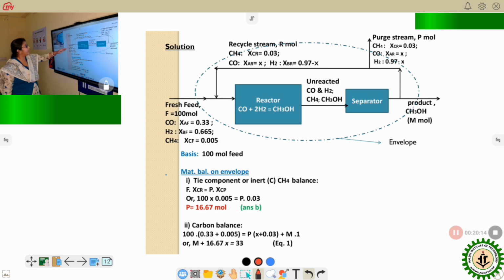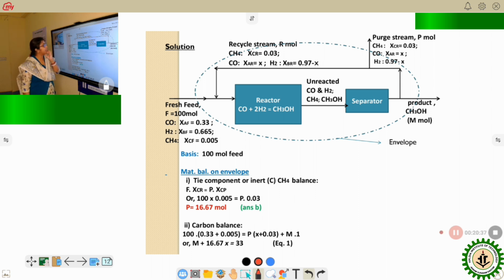When it is mixed with recycled stream and goes into the reactor, it gives methanol product, and due to the 20% conversion, a few amounts of carbon monoxide and hydrogen are already present in the product stream, and methane is totally inert, so the total methane is present as it enters in the fresh feed.